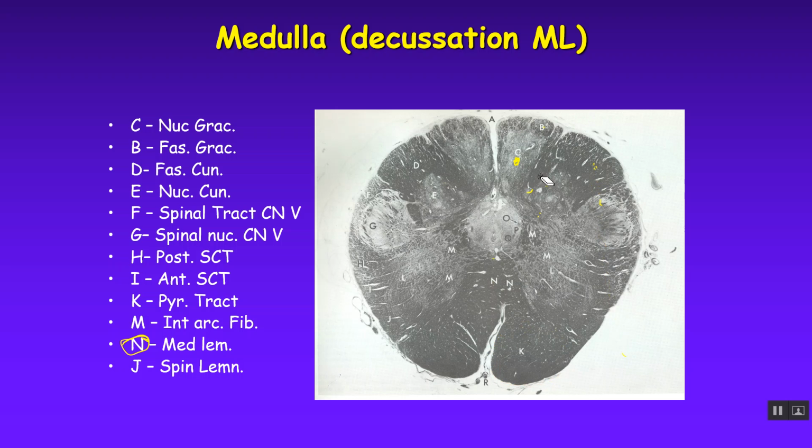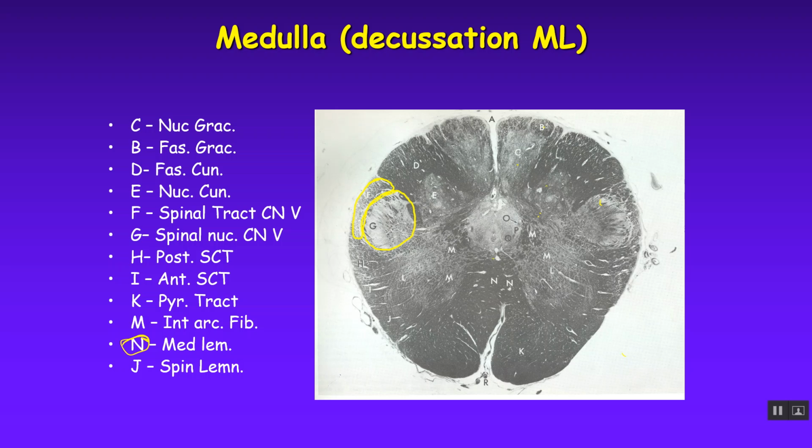Let's look for a couple structures we're going to see frequently. The next one here, spinal nucleus of trigeminal nerve and the spinal tract. We're going to see that structure all the way through the medulla because it starts in the lower pons and goes all the way down through the medulla.